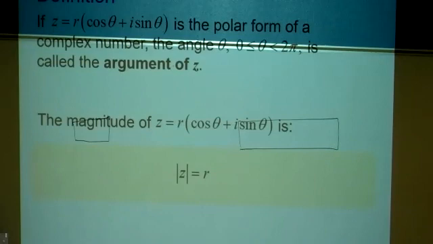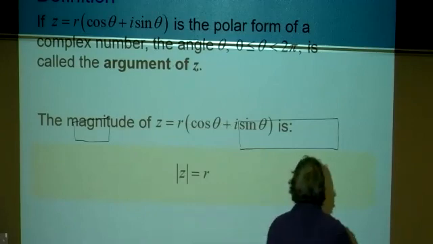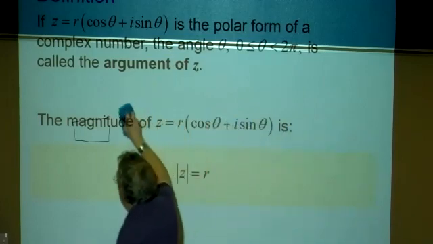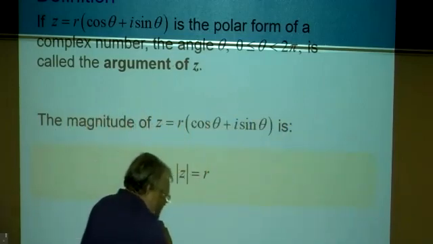The magnitude, the argument. What's the argument? All right, if z equals r times cosine theta plus i sine theta is the polar form of a complex number, the angle theta is the argument of z. Oh, okay. Things you forget over the years.